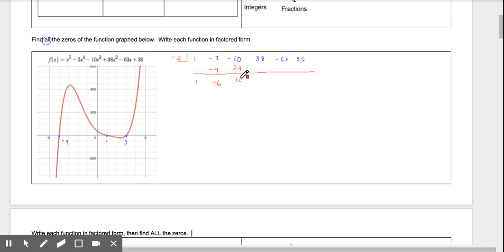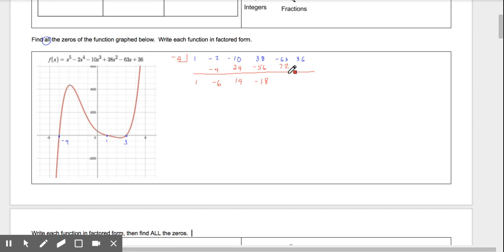Positive 14. 14 times -4 is -56. -56 plus 38 is -18. -18 times -4 is positive 72.